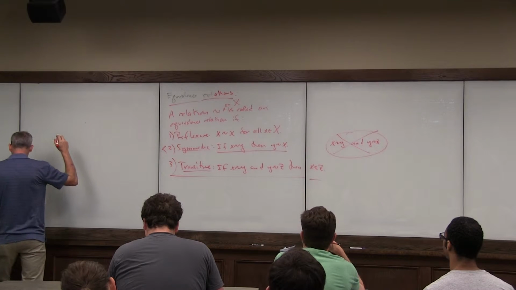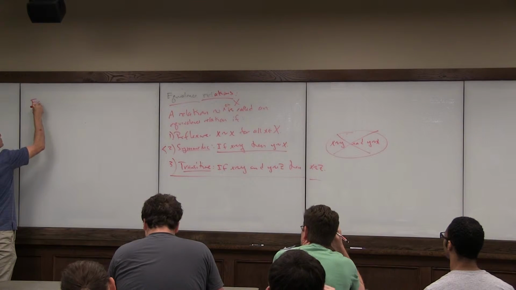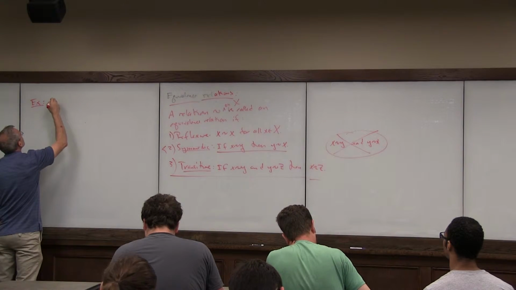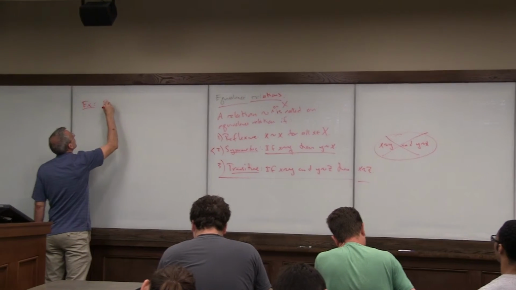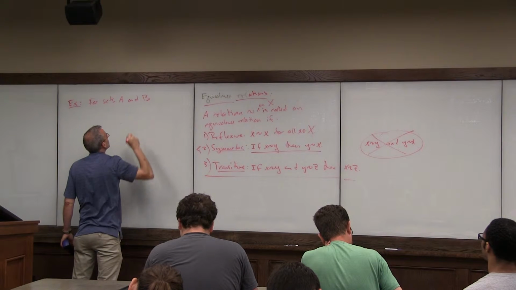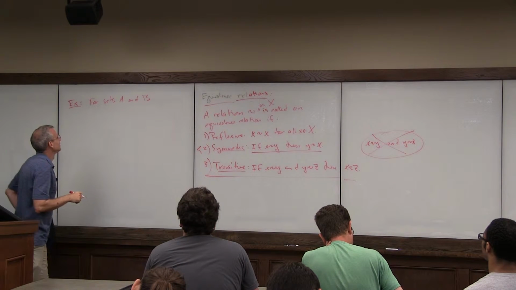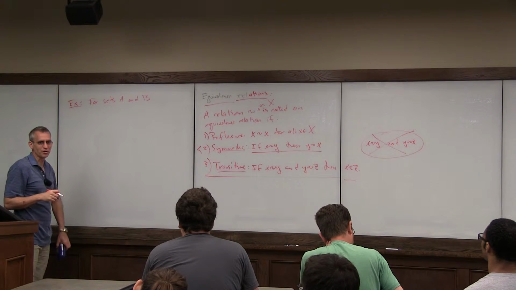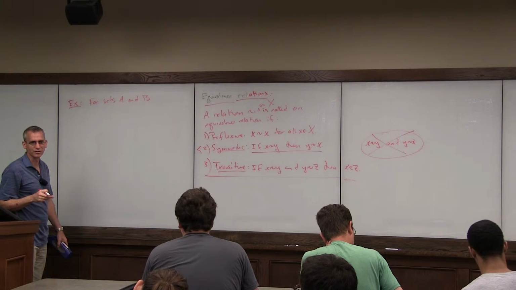So let's consider one more example of a relation. This is also not going to be an equivalence relation for sets A and B. By the way, notice I'm not saying we're going to have a relation on the set of all sets, because then that gets into scary territory.